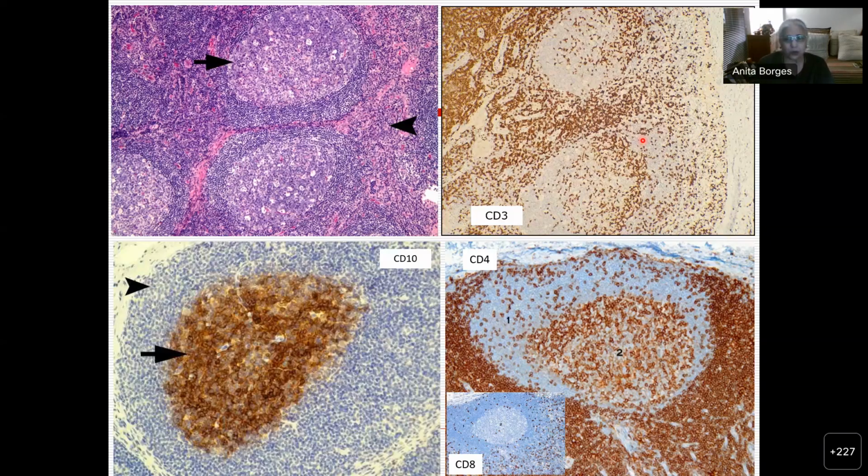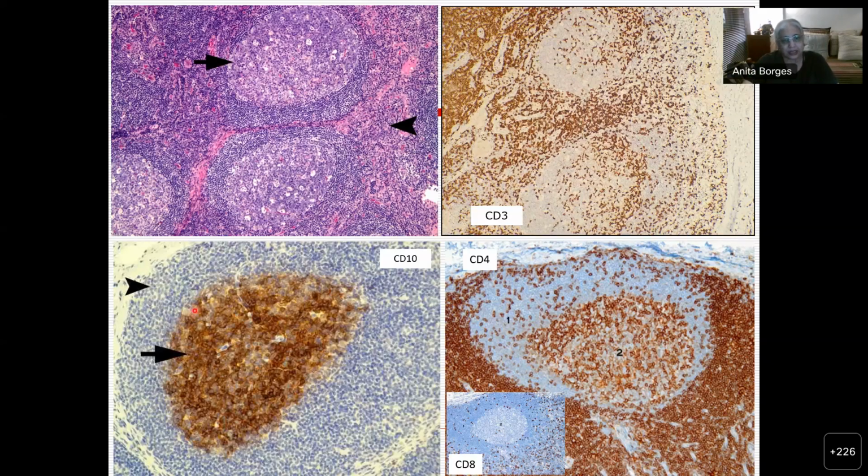So I think it's always a good idea, if you see a follicle that seems to be BCL2 positive and you want to make a diagnosis of follicular lymphoma, to go and see how much CD3 there is in the follicle. There is another important thing about how BCL2 may be positive in follicles, but we'll come to that a little later.